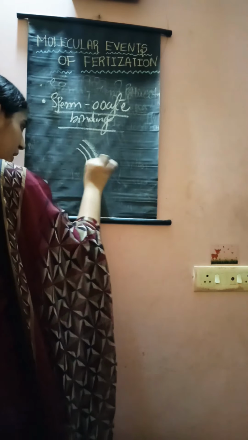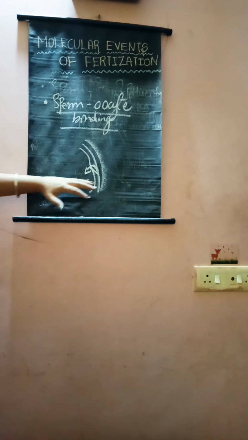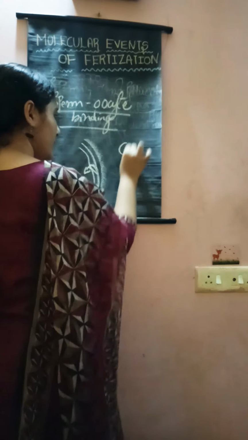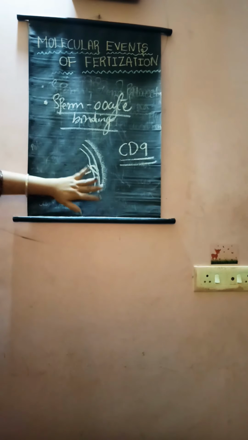Now the sperm head will get inside the cytoplasm of the oocyte. It will penetrate the cytoplasmic layer of the oocyte and get inside. For this fusion, there is a protein called CD9 which plays an important role in the fusion of the sperm and the oocyte. This process is known as sperm-oocyte binding or sperm-oocyte fusion.